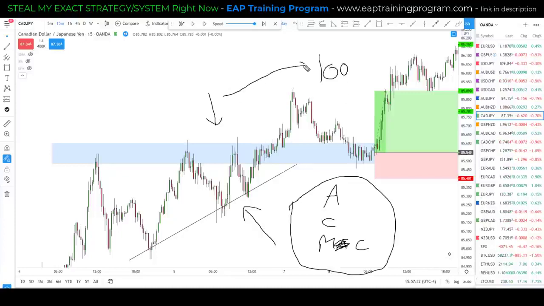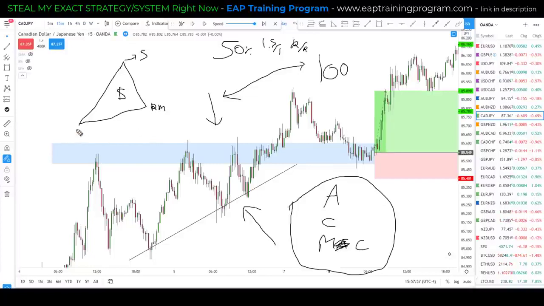If that provided an edge over the market, let's say yet again a 50% win rate with a 1.5 to 1 reward to risk ratio, then you know you have a strategy that's proven to make money over time. And at this point, you have the first part of becoming a profitable trader. That is the worst triangle in the world. But at this point, you would then have your strategy, and then you would just need to work on risk management and discipline. But this video is getting super long already.